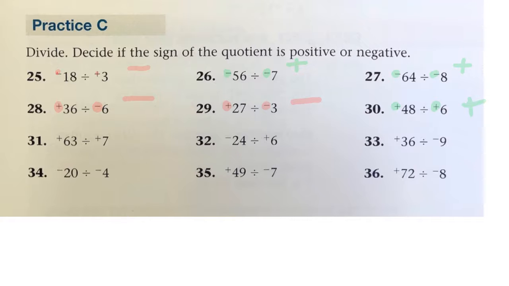And once you know what the answer will be, positive or negative, then you can just do the division. This is going to be negative 6. And this will be 8.